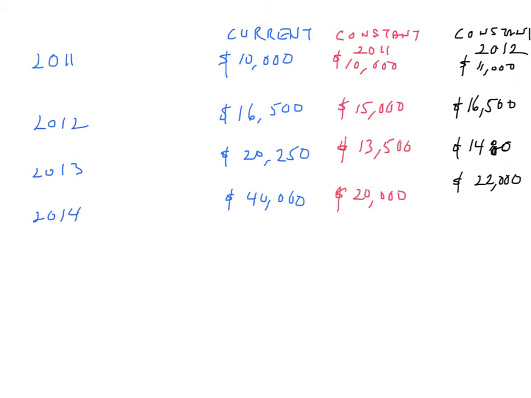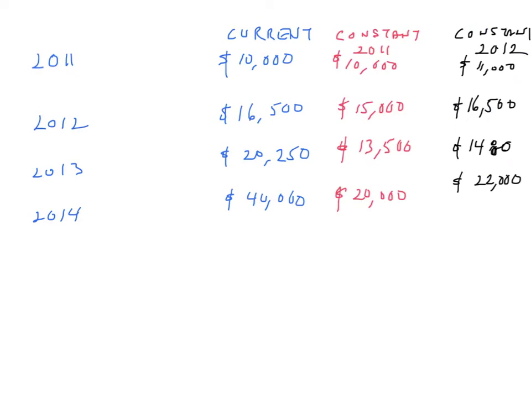Okay, so this slide shows the current GDP, which is in nominal dollars, for 2011 to 2014. And the next column in red shows the GDP in real dollars in 2011 prices, which is constant 2011 dollars.